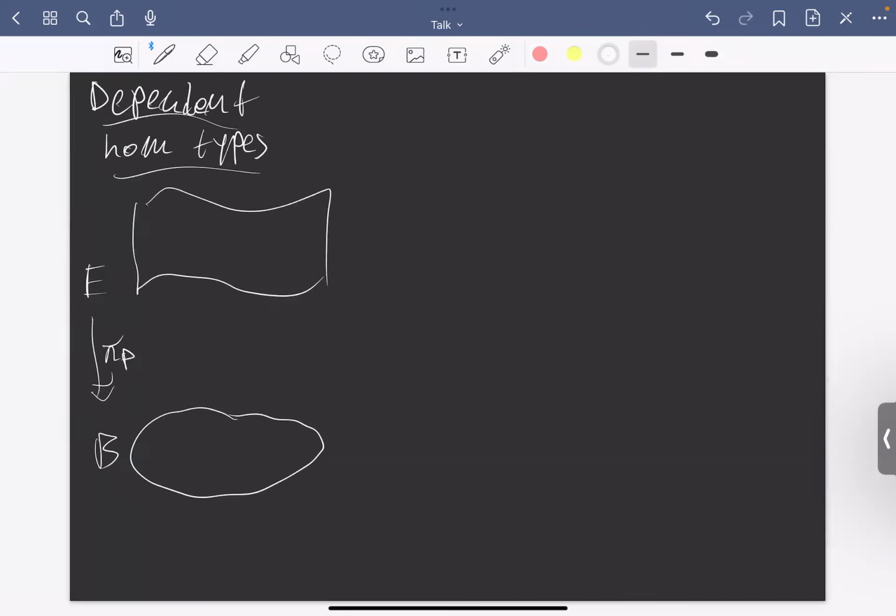The idea is that starting from a family P over a base B, which is a map from B into the universe, equivalently, I can get the projection from the total space, with the total space being the sigma type over the fibers. And I can look at the first projection, which is this pi P here.